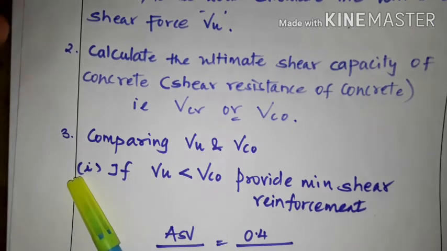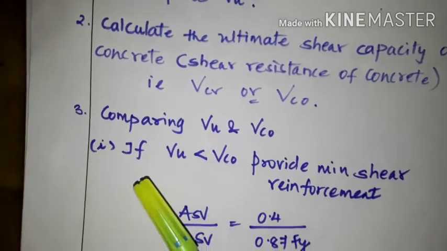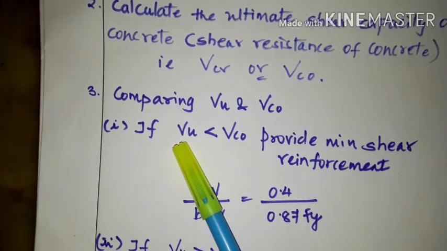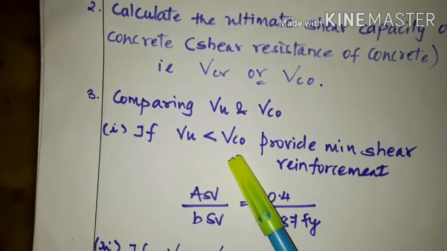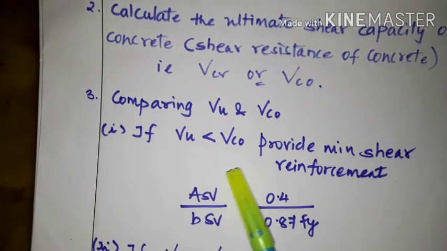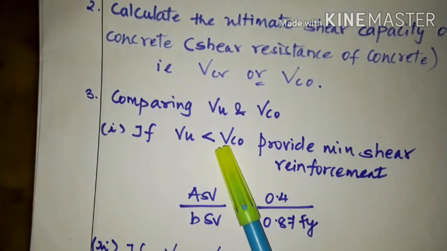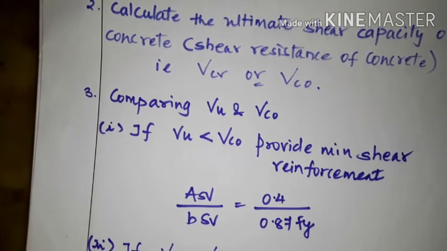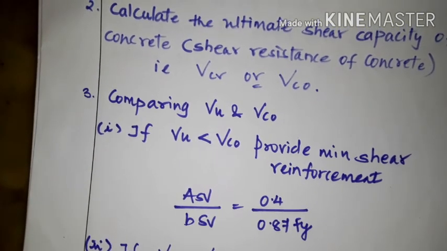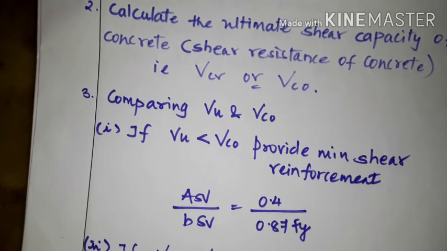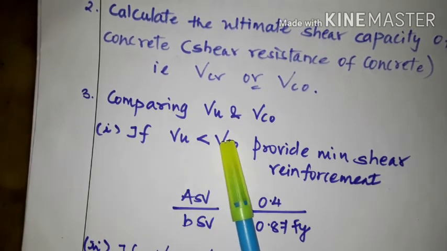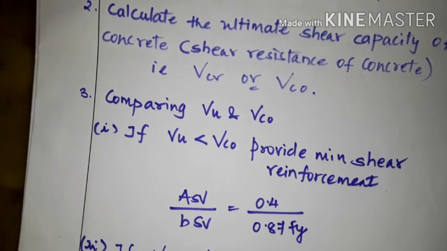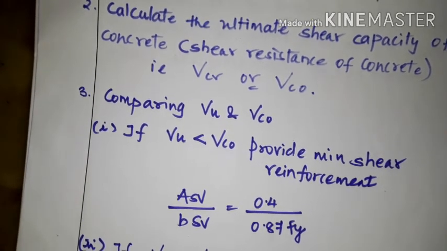So first condition is if VU is less than VCO, provide minimum shear reinforcement. Means our beam is safe in shear, but still we have to provide minimum shear reinforcement.